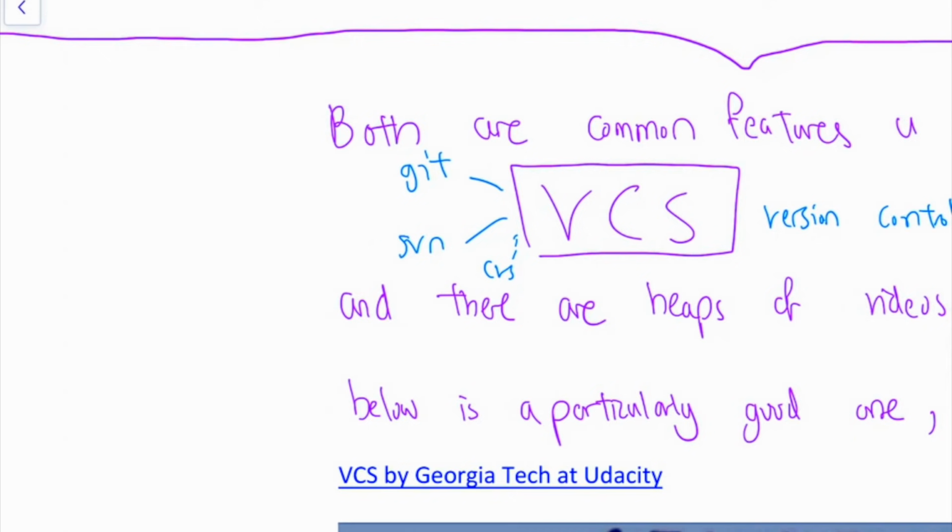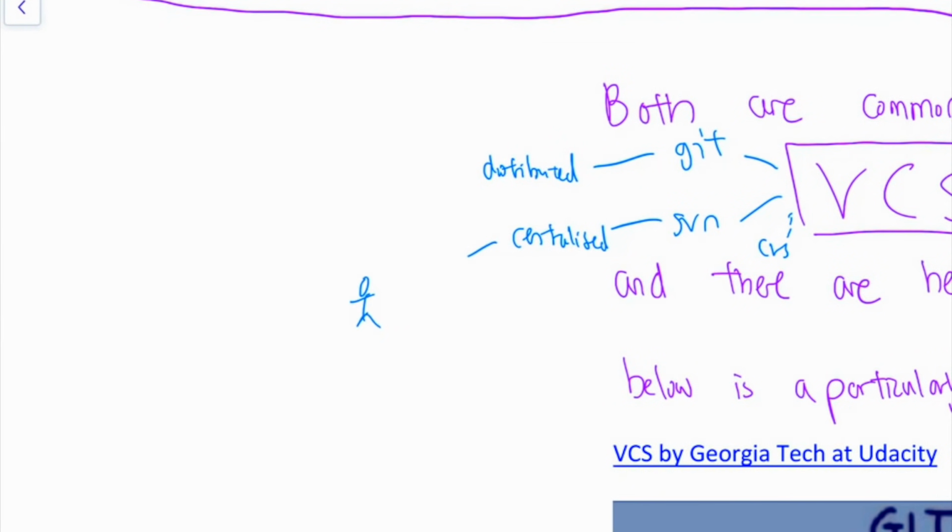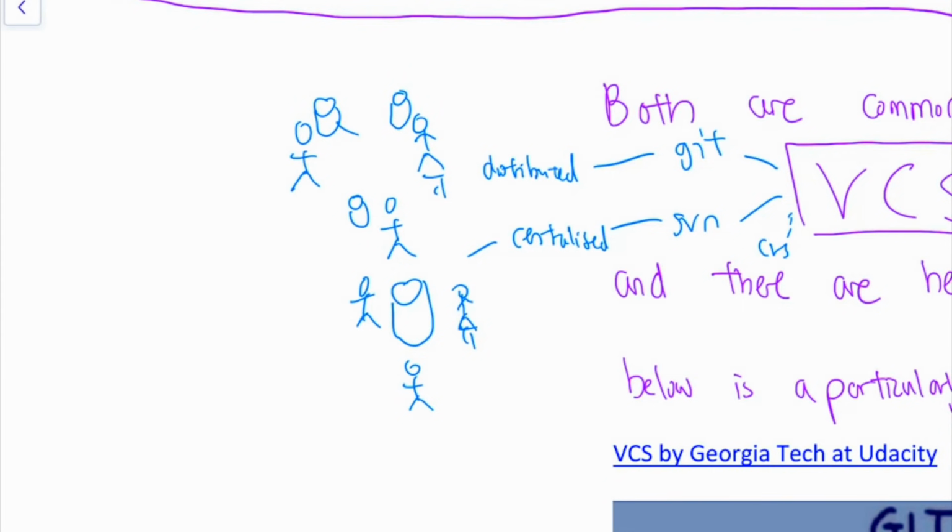Basically the difference between the two most popular approaches is that you choose either to be centralized or distributed. Centralized basically means that everybody works on the same repository on the server, while in the distributed case, everybody has their own copy of the repository, and then whenever they are done, they merge with the central repository.